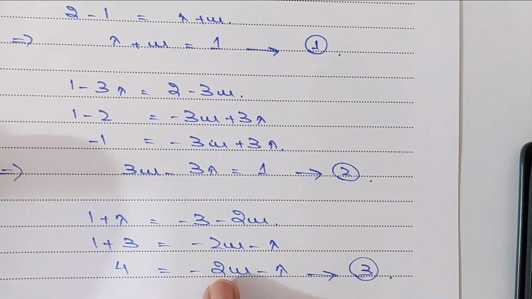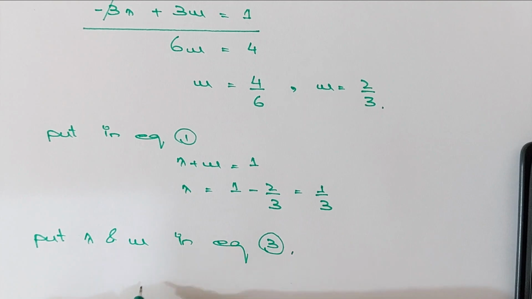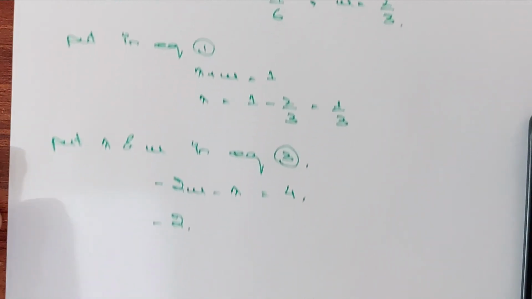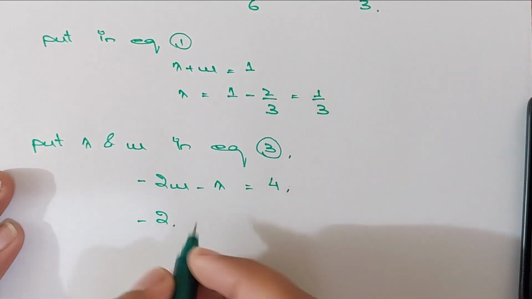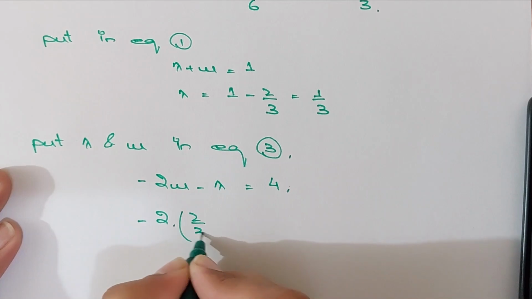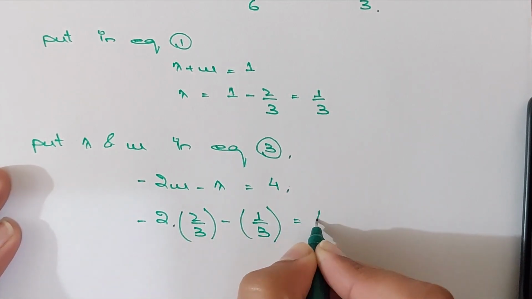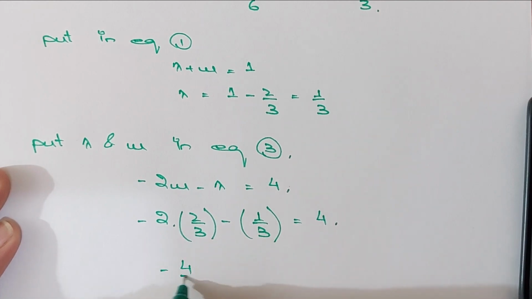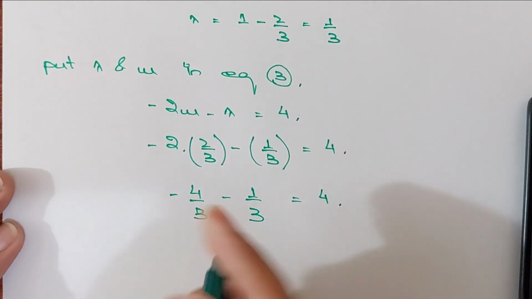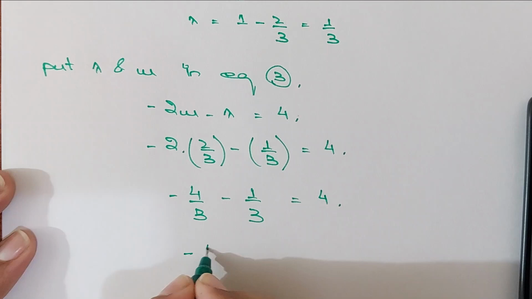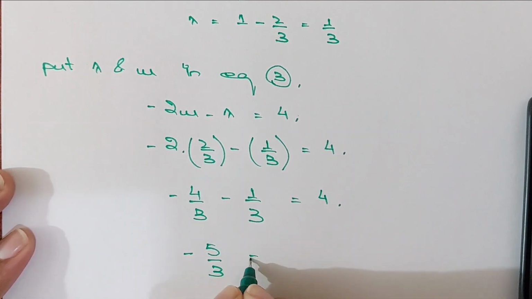Equation 3 is minus 2 mu minus lambda equals 4. So minus 2 times 2 by 3 minus 1 by 3 equals 4, that is minus 4 by 3 minus 1 by 3, which simplifies to minus 5 by 3.